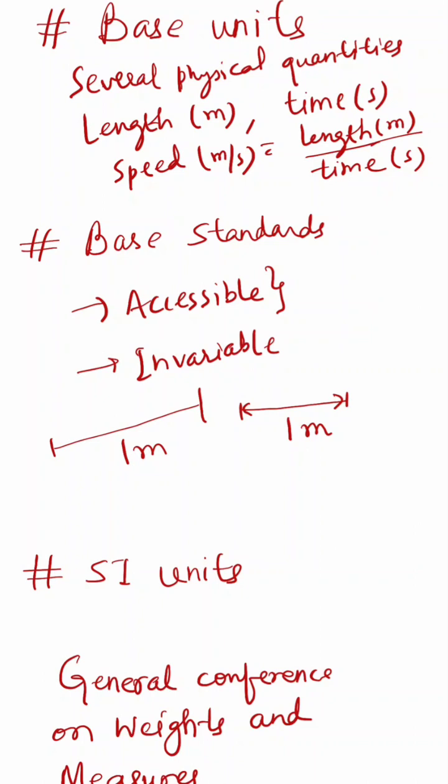If the measurement is some distance, then he or she should be able to compare his or her measurement with the standard. That's why it should be accessible as well as invariable.